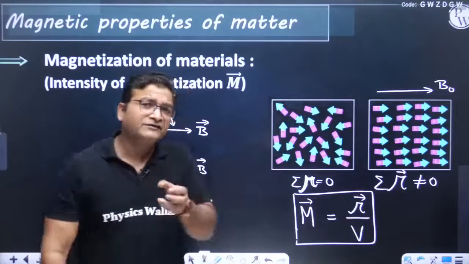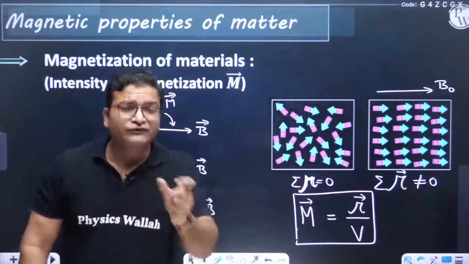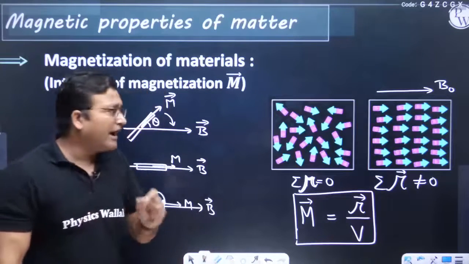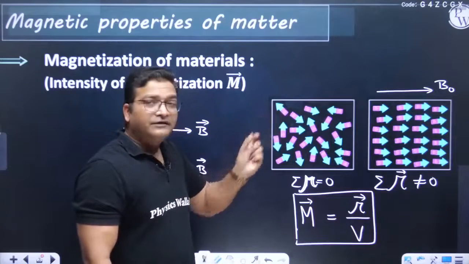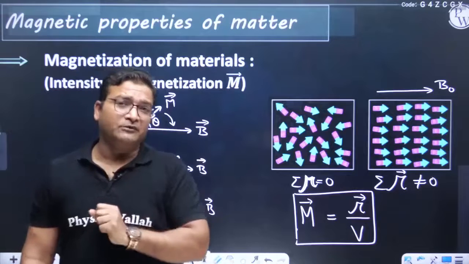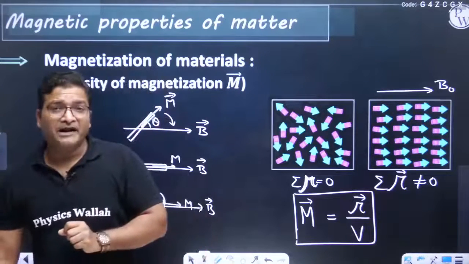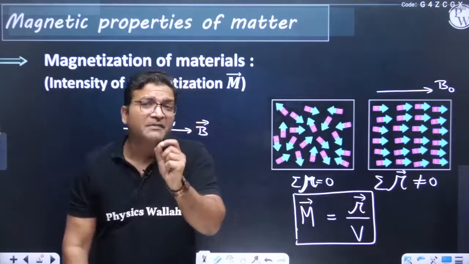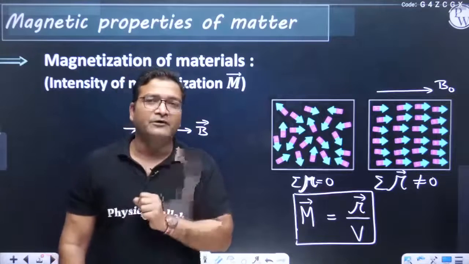The molecules of paramagnetic substances have their atoms, or you can say have their intrinsic dipole moment. Every molecule of paramagnetic substance is a tiny magnet. It has its dipole moment.